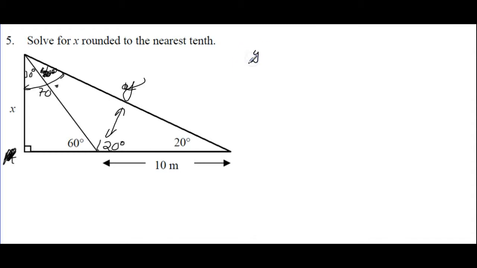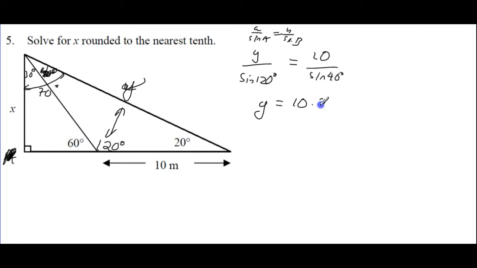We're going to say y over, here's the formula I'm using: a over sine A is equal to b over sine B. So y over sine 120 degrees is equal to, now what's our known pair, right? We got the 40 degrees and the 10. So we're going to go 10 over sine 40 degrees. So y is equal to 10 times the sine of 120 degrees over the sine of 40 degrees.